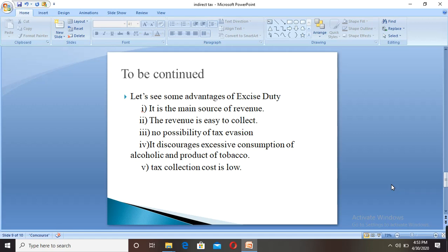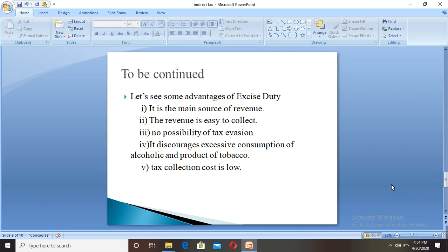It is not difficult to collect because indirect tax is already imposed on the goods and services. So when a purchaser or customer purchases something or consumes goods or services, they need to pay tax to the government. Customers don't know that they are paying tax to the government.